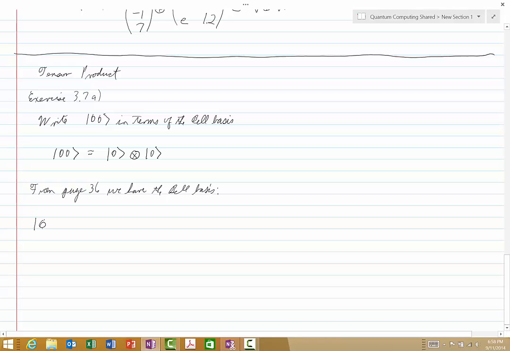We have phi plus, which is equal to 1 over square root of 2 times |0,0⟩ plus |1,1⟩. Phi minus, which is 1 over square root of 2 times |0,0⟩ minus |1,1⟩.